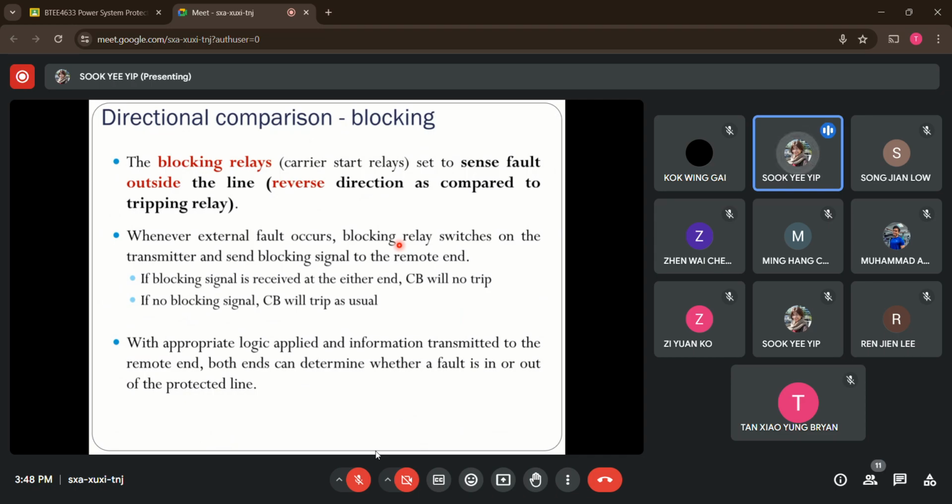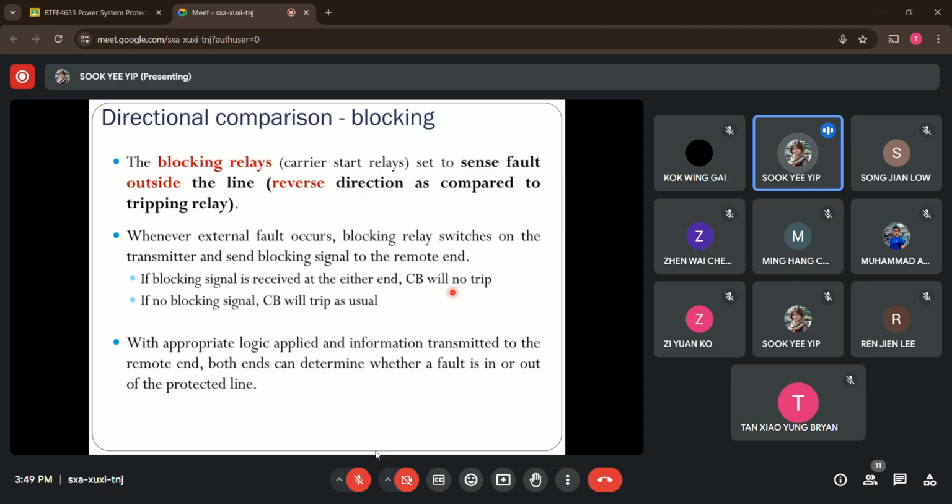If, let's say, at either side of the line the blocking signal has been received, this indicates that we either have a fault-free line, with no fault at all, or we have an external fault. So the tripping relay will not work, and the breakers will not be tripped.